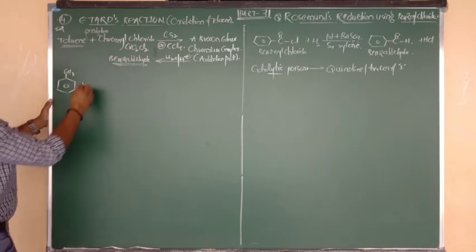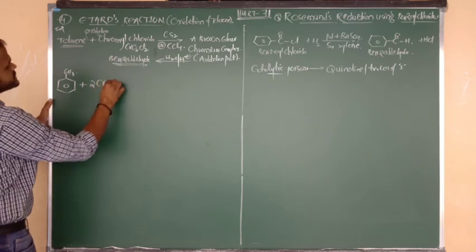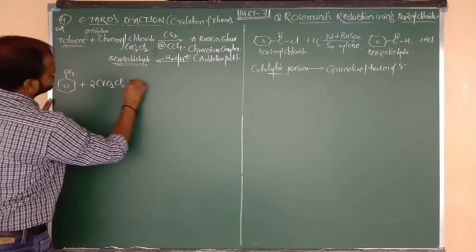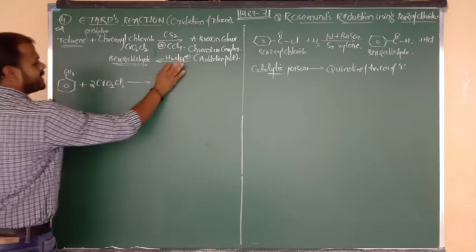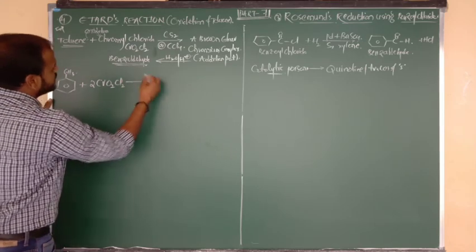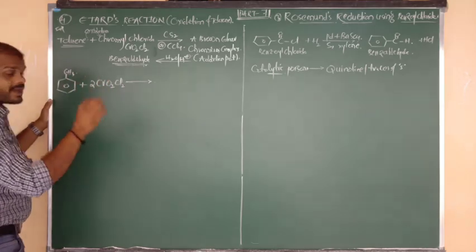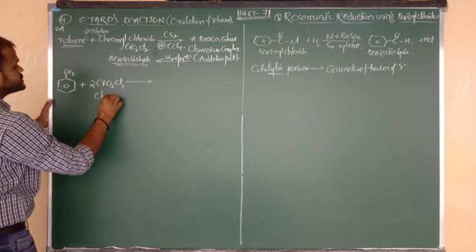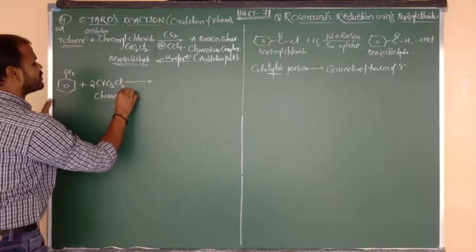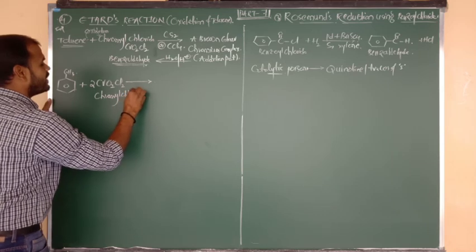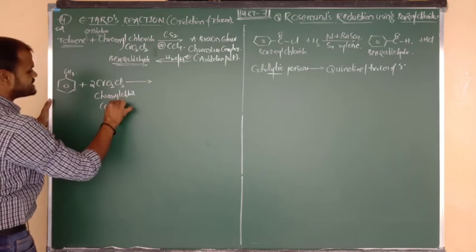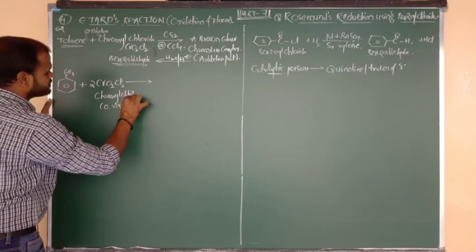CrO2Cl2. But here we require 2 moles of CrO2Cl2, nothing but 2 moles of chromyl chloride we are using, beta. That means 2 moles of oxidizing agent we are using here.